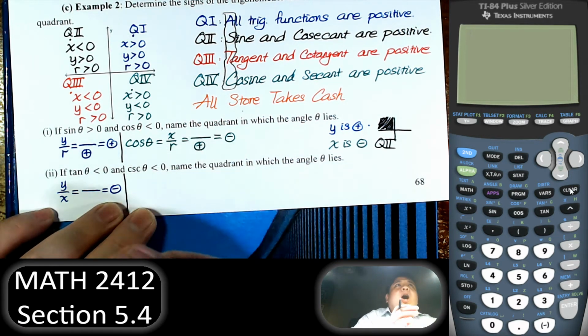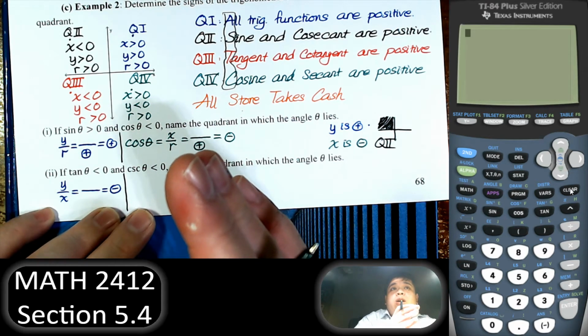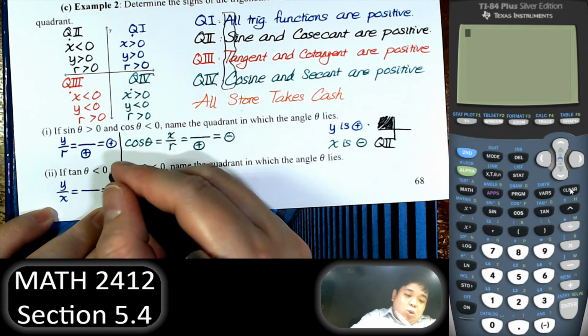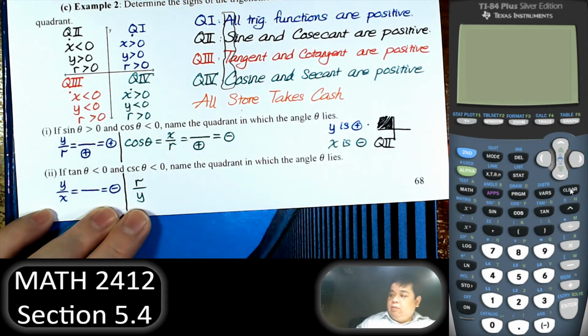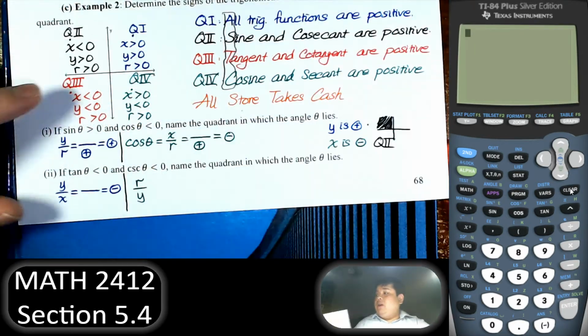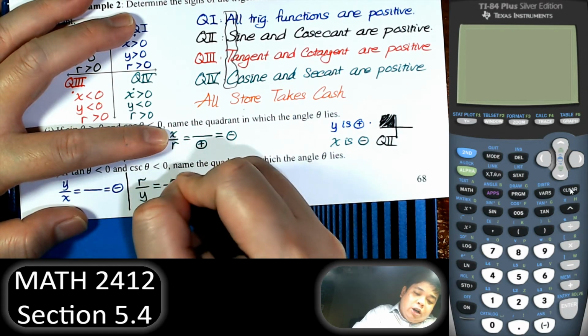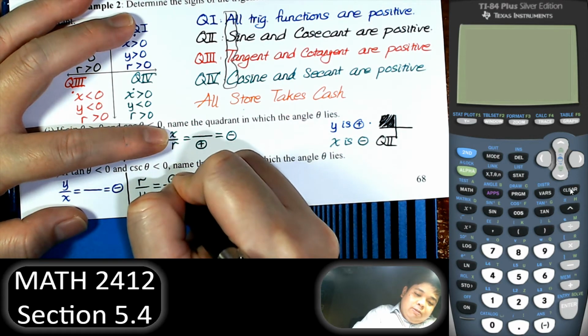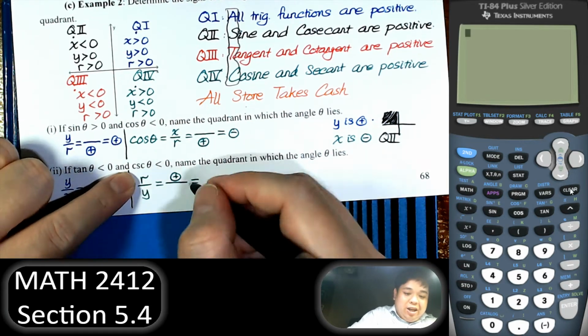Cosecant. Cosecant is 1 over sine. Sine is y over r. So cosecant, the reciprocal of sine, will be r over y. So we know for sure r is positive. When they divide together, the cosecant is negative.